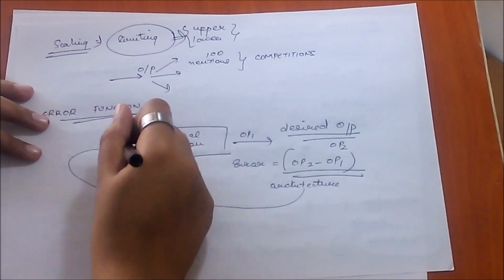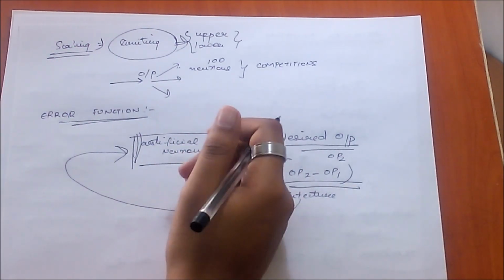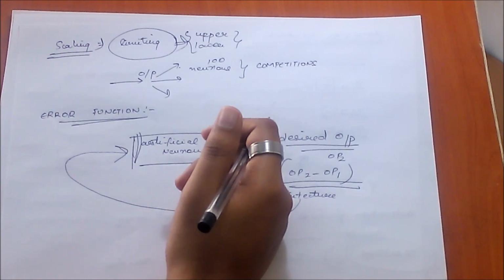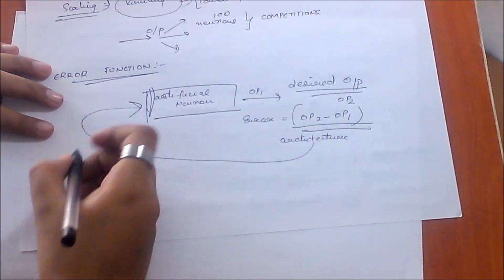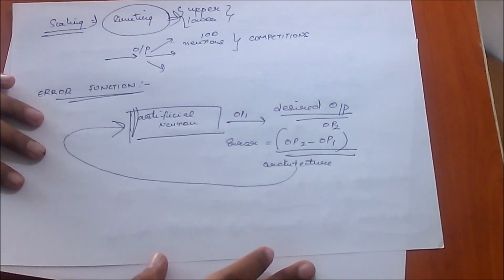It will be propagated to the initial layer. So these were some of the components of an artificial neuron. Another component can be the learning function, which we'll be considering afterwards.